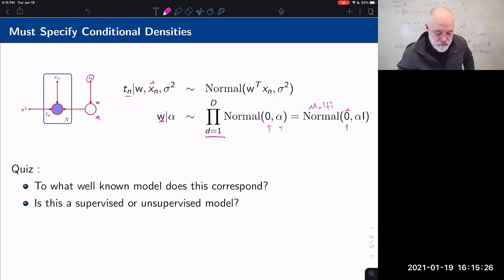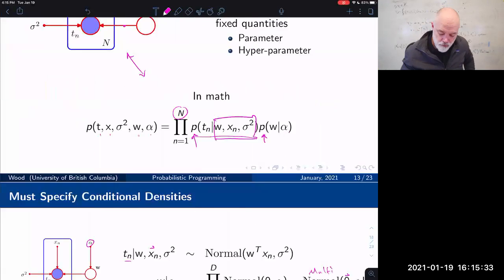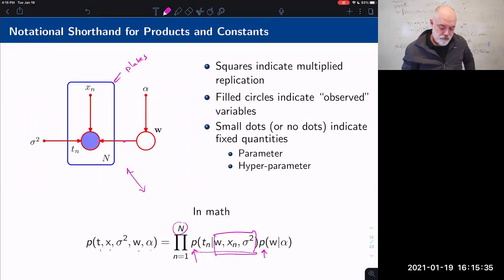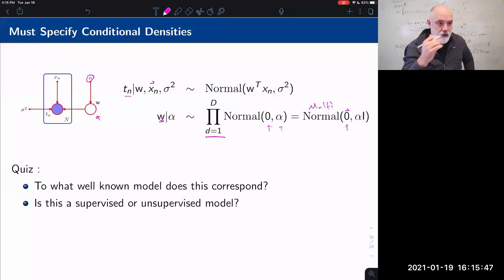Then now we have a fully specified probability model. So we know from before that the joint distribution of all of the variables in this graphical model is the product over n of these conditional probabilities and this conditional probability over W. Now we make particular choices about two things.